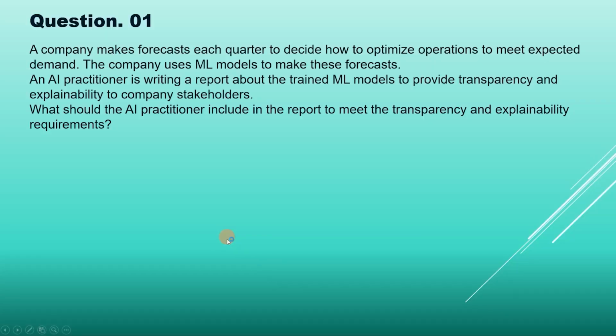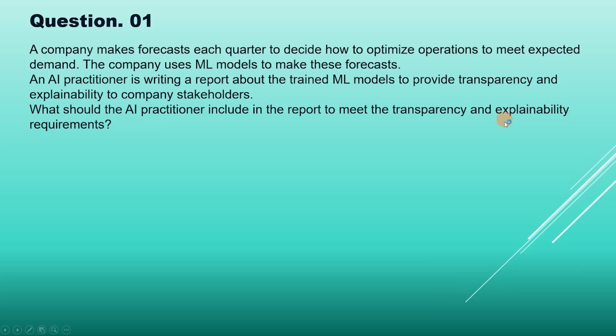A company makes a forecast each quarter to decide how to optimize operations to meet expected demand. The company uses ML models to make these forecasts. An AI practitioner is writing a report about the trained ML models to provide transparency and explainability to the company stakeholders. What should the AI practitioner include in the report to meet the transparency and explainability requirements?